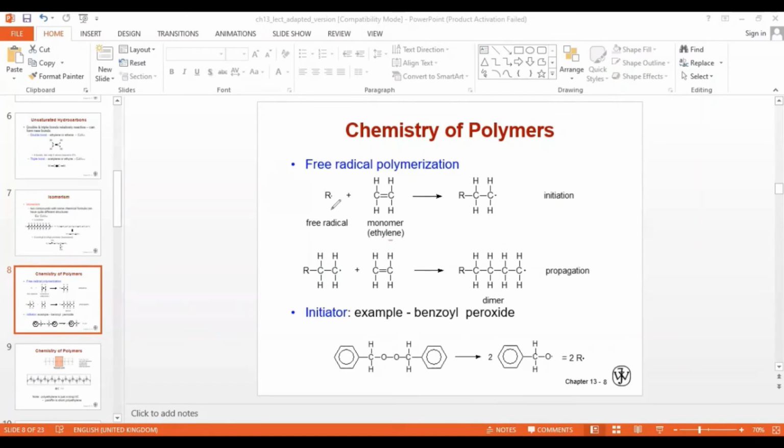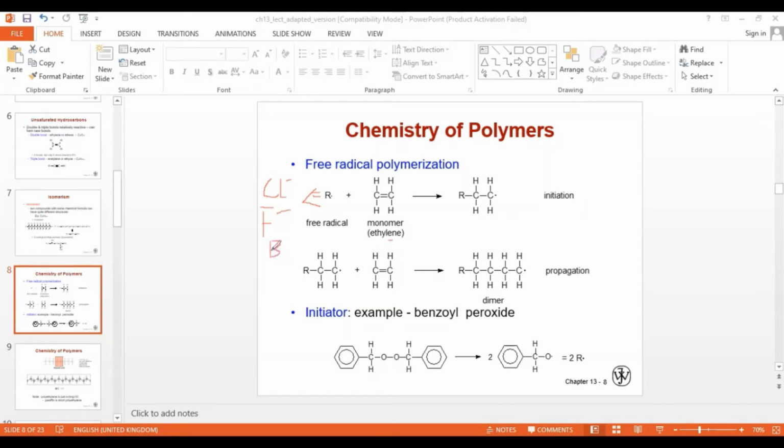And here I have something called a free radical, right? This R. Usually this free radical is noted by R. This R can be any atom which is going to join with it. It can be Cl, it can be F, or it can even be bromine, Br.